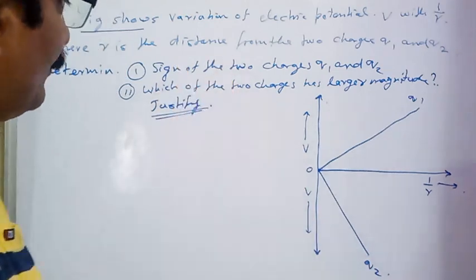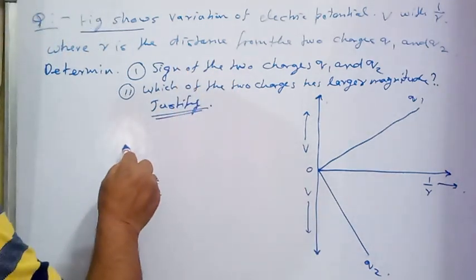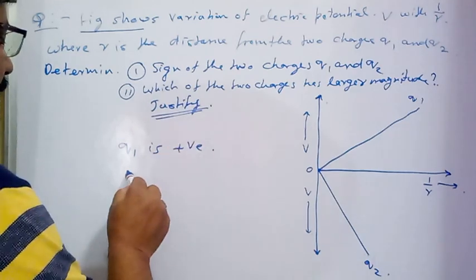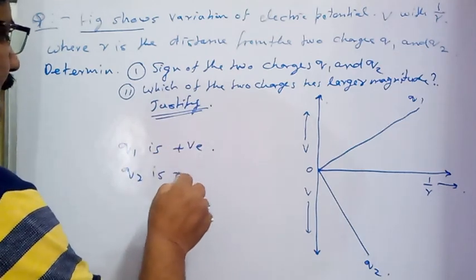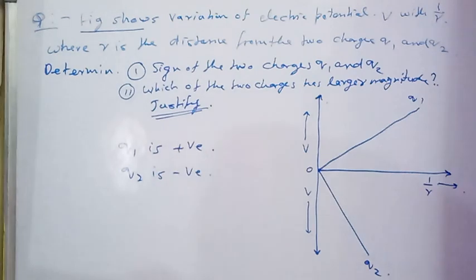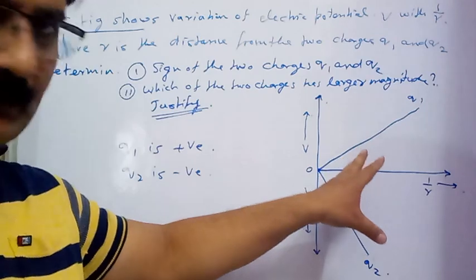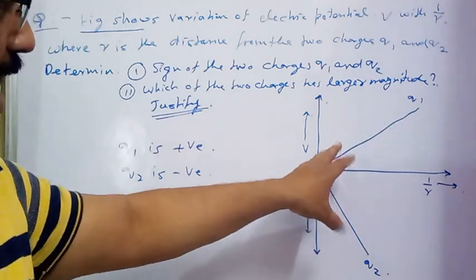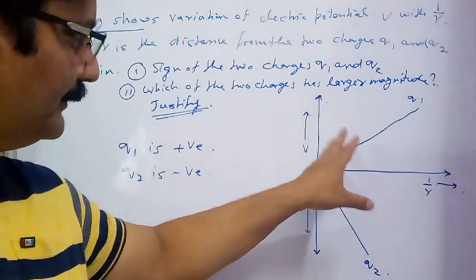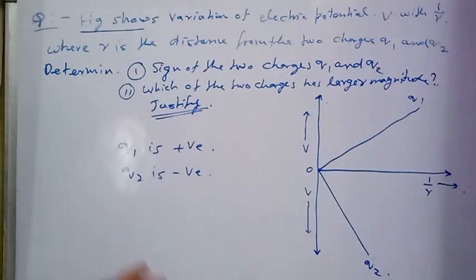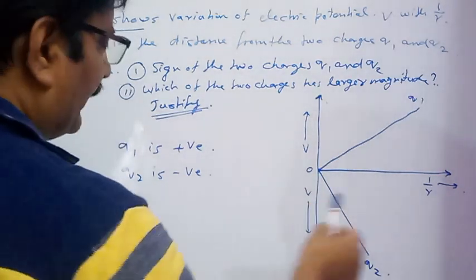So the first part of the question, the sign of charge Q1 is positive and charge Q2 is a negative charge. Just looking at this graph, we can decide the nature of the charge whose graph V versus 1 by r is given in the question.